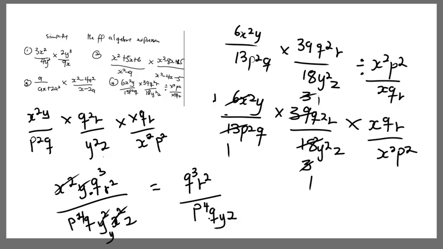So q, go here 1, go here q squared. So we now have q squared r squared on p to the power 4 y z. At this point we can't break it any further, so this becomes our answer.